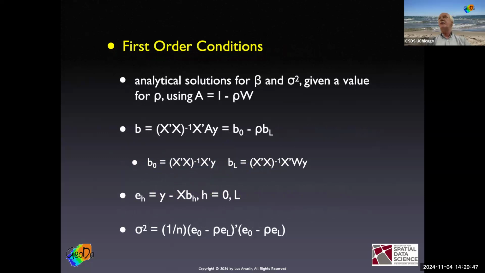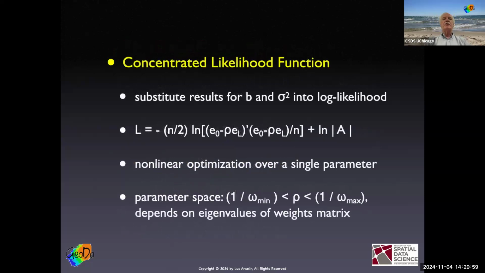There's some simplifying results that allow us to express the estimates for beta and for sigma square as functions of rho, so that we end up with what is called a concentrated likelihood function or concentrated log likelihood function, which is only a function of rho and these residuals, which you can compute ahead of time.